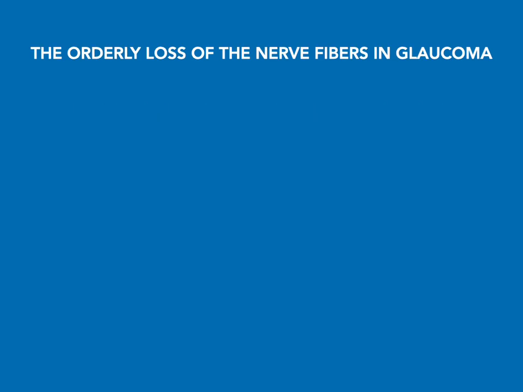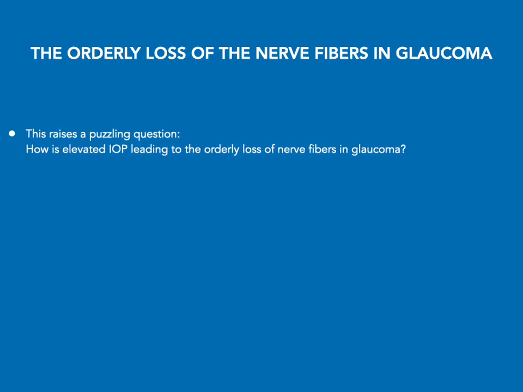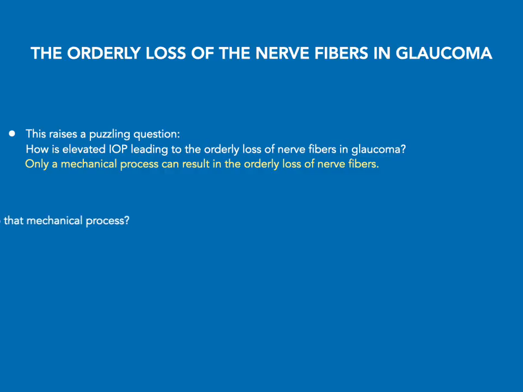So this raises a puzzling question. How is elevated IOP leading to the orderly loss of nerve fibers in glaucoma? Well, the answer may lie in that only a mechanical process can result in the orderly loss of nerve fibers. Another question arises as to how is elevated IOP leading to that mechanical process?